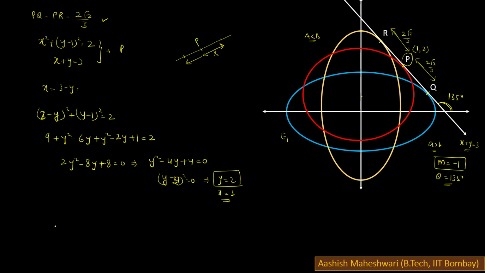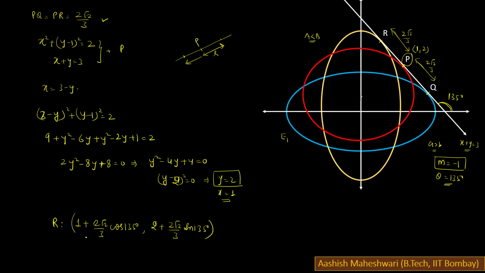You can say point R will be (1 plus 2 root 2 by 3 cos 135 degree, 2 plus 2 root 2 by 3 sine 135 degree).